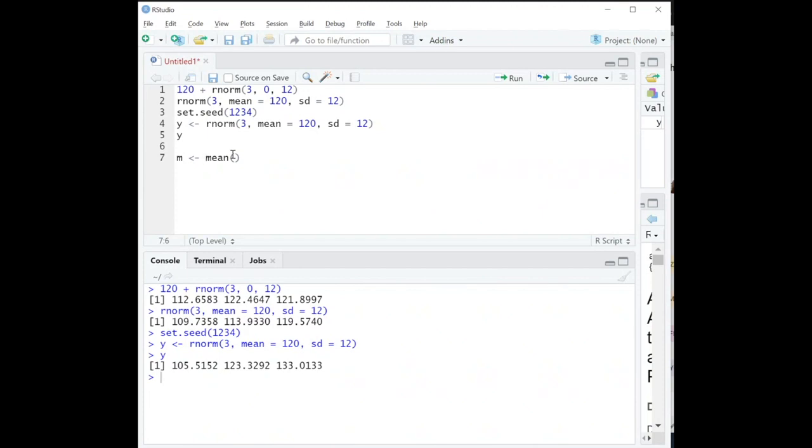So we will always use Greek letters for populations and Roman letters for the samples. That's the habit. So, mean Y.